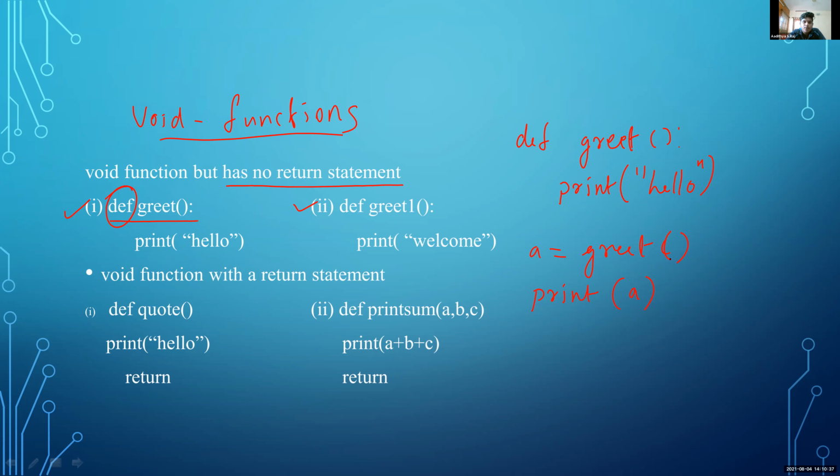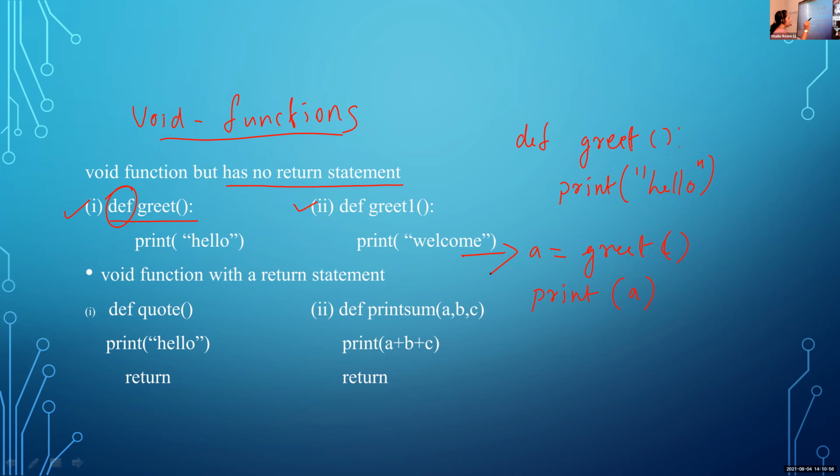Ma'am, A is equal to greet. Yes, execution starts from A is equal to greet empty bracket. Okay. So what is the meaning of the first statement? A is equal to greet empty bracket is the first statement that is executed.